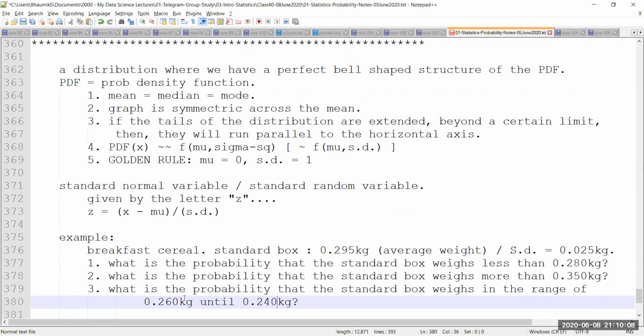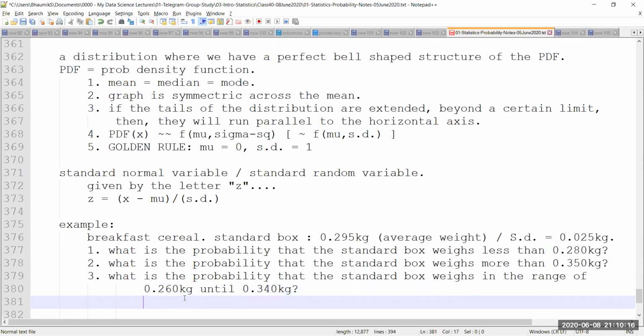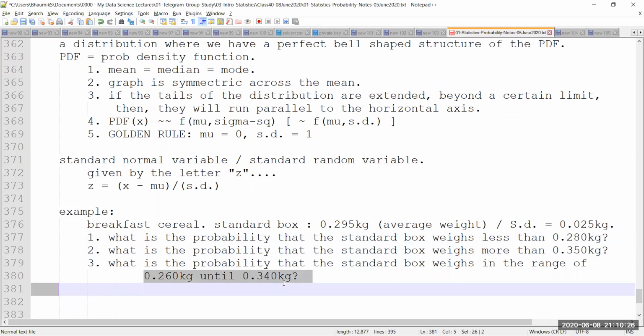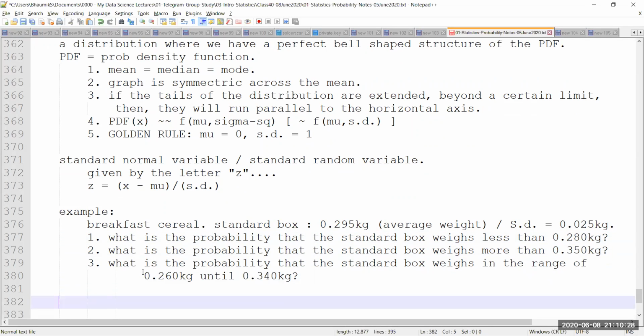So this is my lower limit 0.260 and my upper limit is 0.340 kg. Okay, so what is the probability that either it is less than 0.28 or it is greater than 0.35 or it is within the range of this? So I have these three questions.